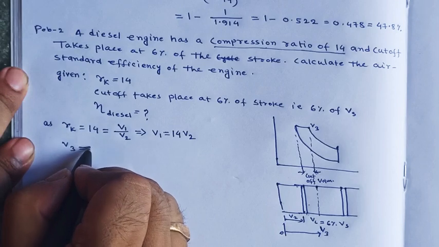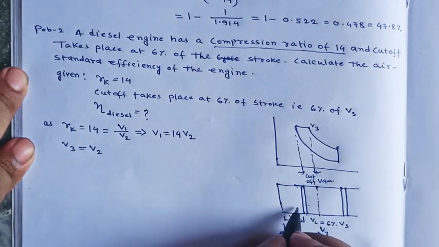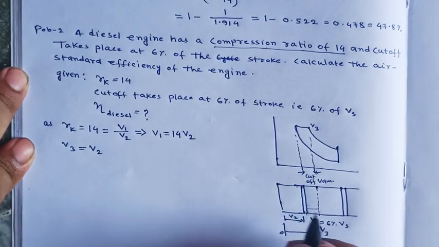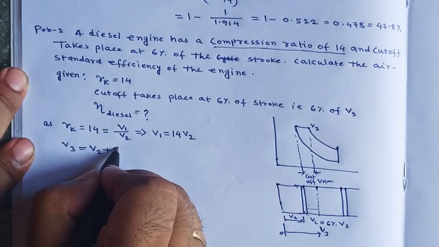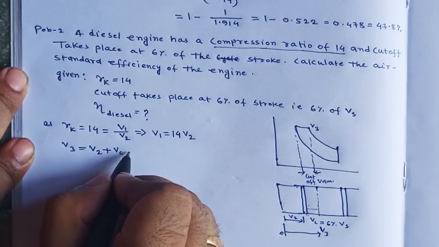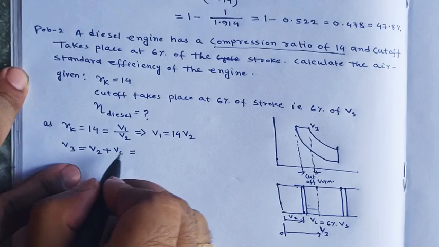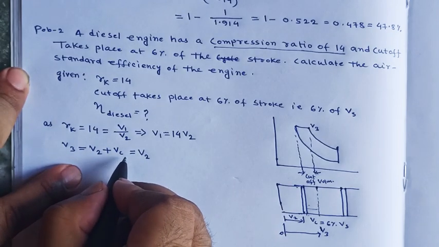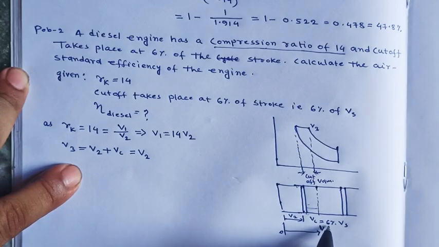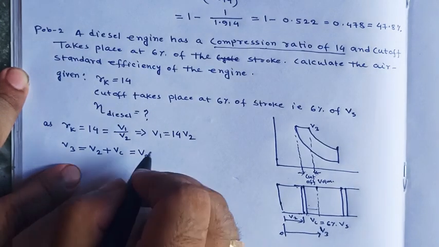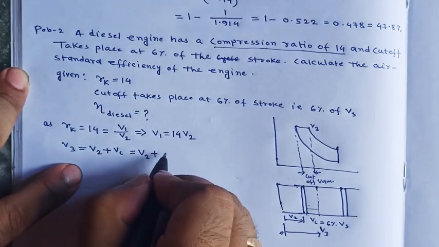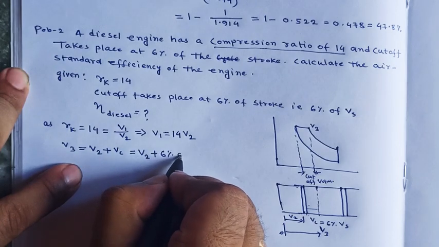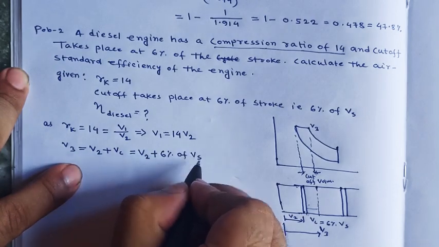So V3 is V2 plus Vc, cutoff volume, and Vc is given as 6% of Vs.